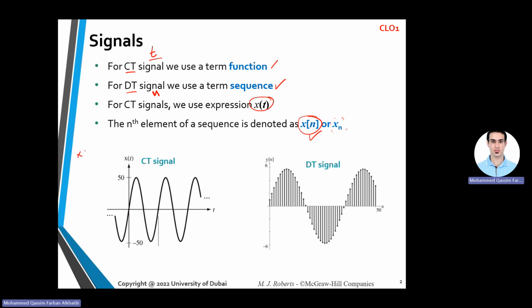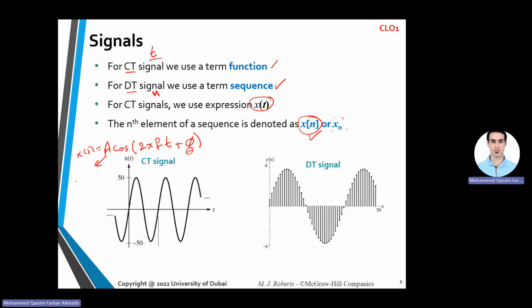Sinusoids x of t are usually modeled by this expression, A cosine 2 pi f t plus phi or theta, whatever. So these are the three major components of any sinusoidal signal.